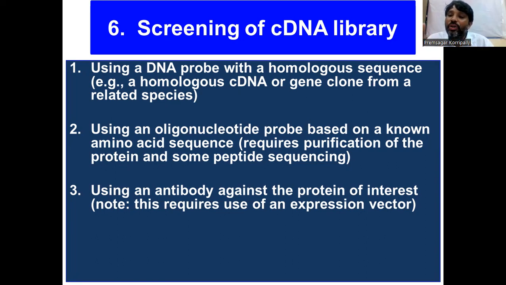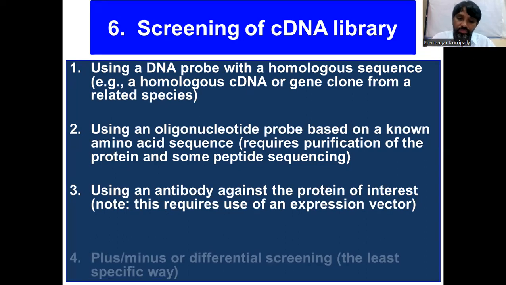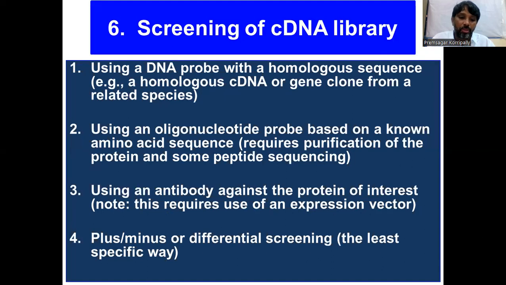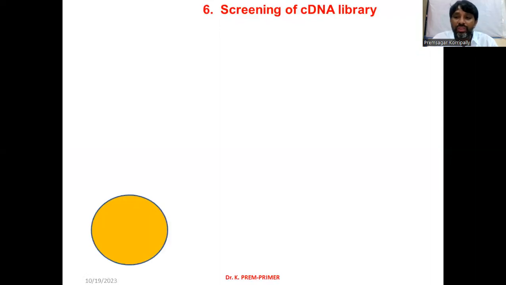So you already know that protein has an antibody. So you go for Western blotting and you can screen the gene of interest. Plus, minus, or differential screening can also be done. Here I have drawn some diagrams for that.